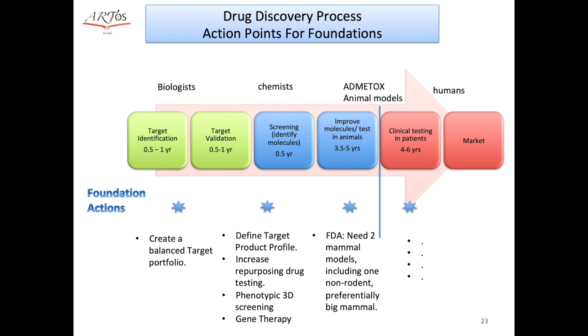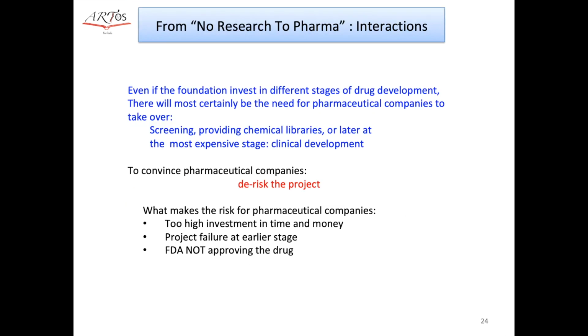Why do I make a pause here? Foundations for rare diseases are the engine that keeps drug investigation going further. Even if the foundation invests in different stages of drug development, there will most certainly be the need for pharmaceutical companies to take over, either in screening, providing chemical libraries, or later at the most expensive stage, the clinical development and clinical trials.